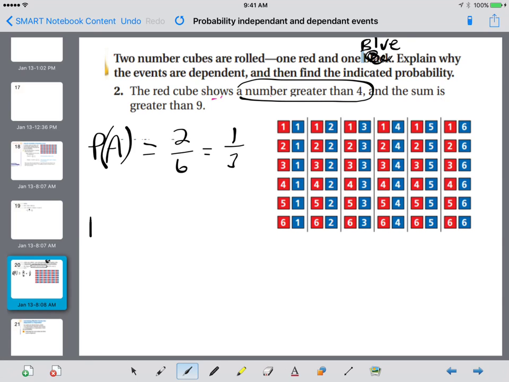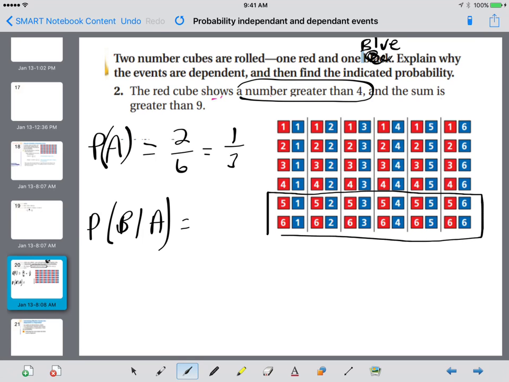Okay. Now, the probability of event B, given that A occurs, means that, well, what's the probability that the sum is greater than 9, given that the red cube shows a number greater than 4? Here's why I have all these written out for us. If the red cube shows a 5 or a 6, those are my 12 options of a red cube showing a number greater than 4.